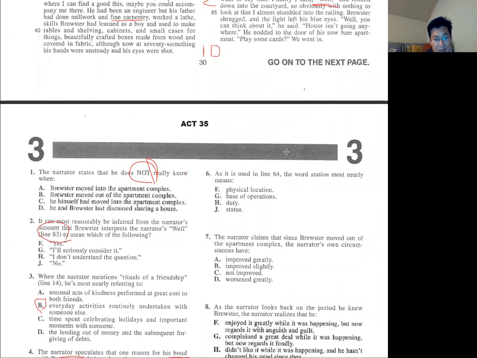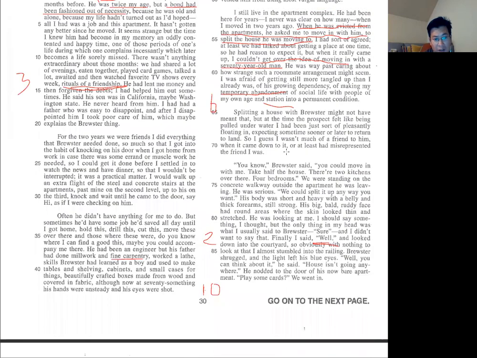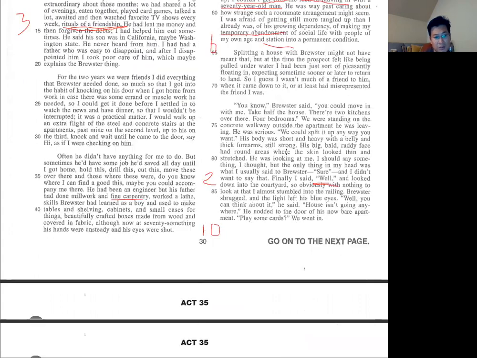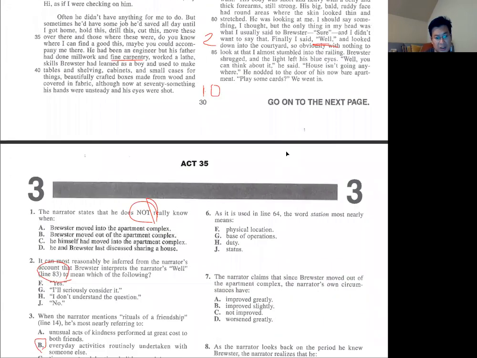If he moved into this apartment with this 75-year-old guy, he becomes a person with no friends and no social life. So that's what he's saying. Because of that, if you go to question number 6, if you read through physical location, base of operation, duty, status, in this case status will be the best option.